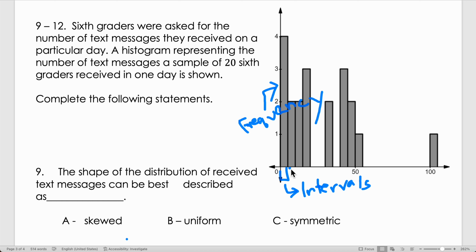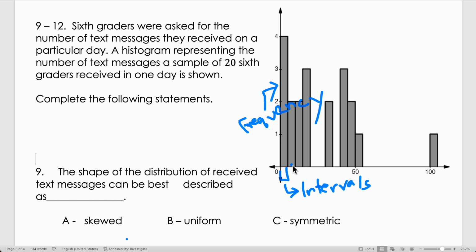Now, one more note on how these are made, and then I'm going to go into these questions. If some 6th grader answered this question and claimed that they sent 5 text messages, if this interval is 0 to 5, that includes answers up through 5, so that would be 1 text message, 2, 3, or 4. If somebody claims they sent 5 text messages, they're going to be in the next interval.